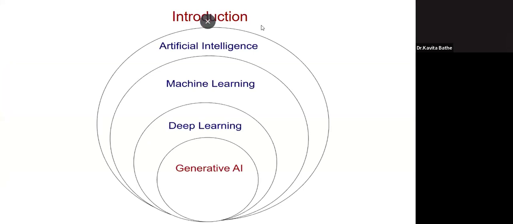And when we are talking about this, at the outer layer, we have artificial intelligence. Then we have a subset of artificial intelligence as machine learning. We call machine learning a subset of AI, where the machines are capable of learning from past experience without being explicitly programmed.